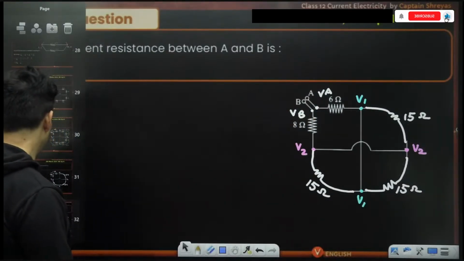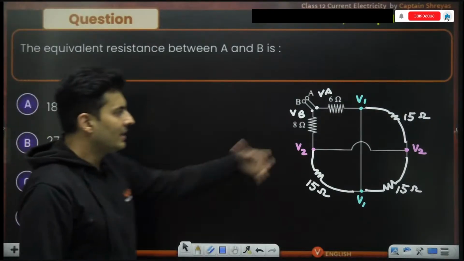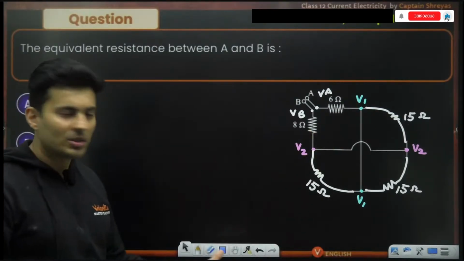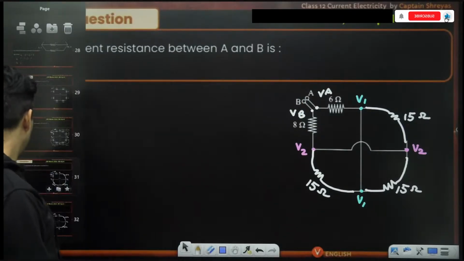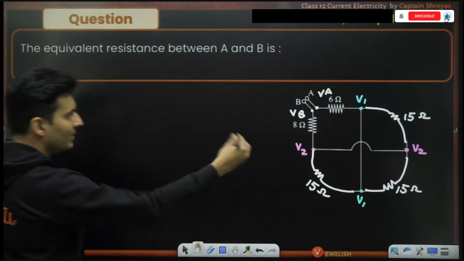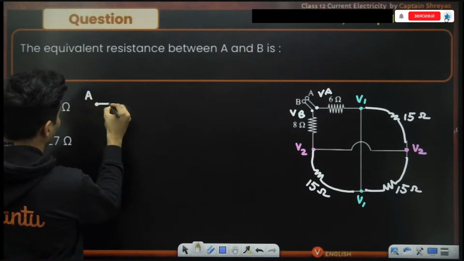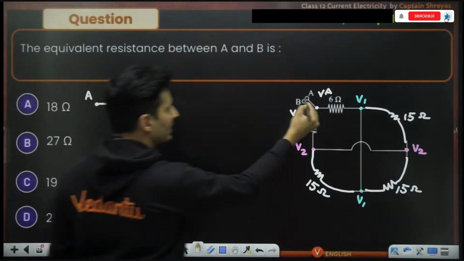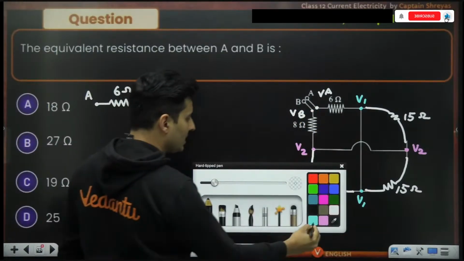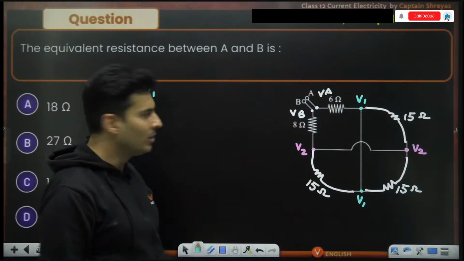Now what do we do next? Observe. I think we should redraw this circuit. Start from A and slowly go towards other points. So let's say you start from the point A. The first resistance that you get is that 6 ohm resistance over here, and immediately you get that point labeled V1. I'm just redrawing it.